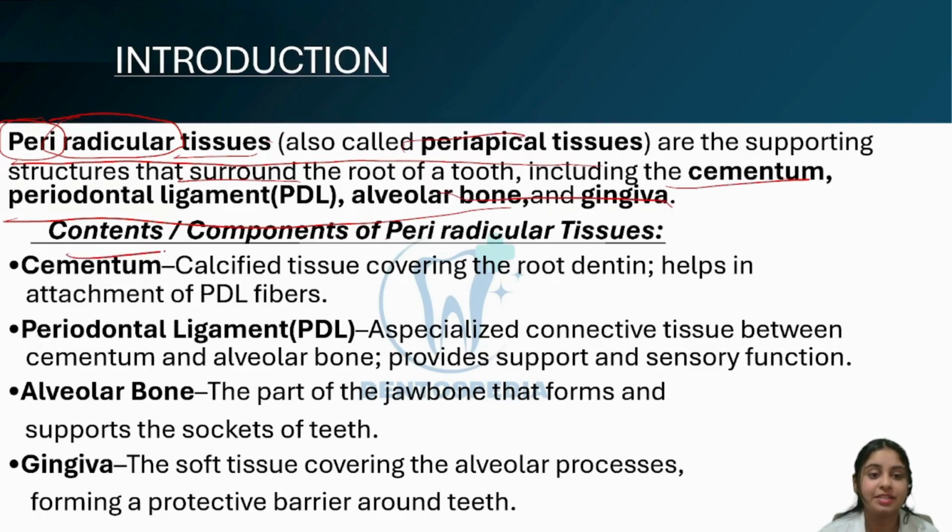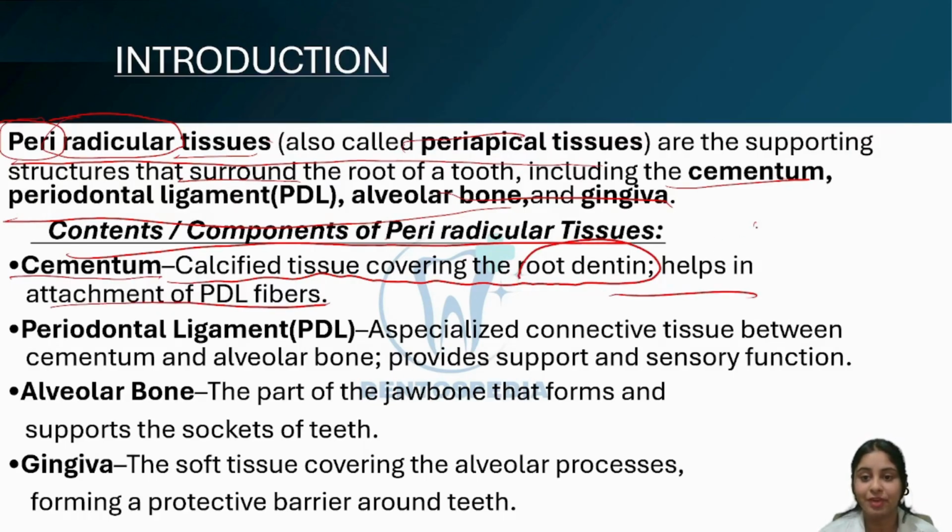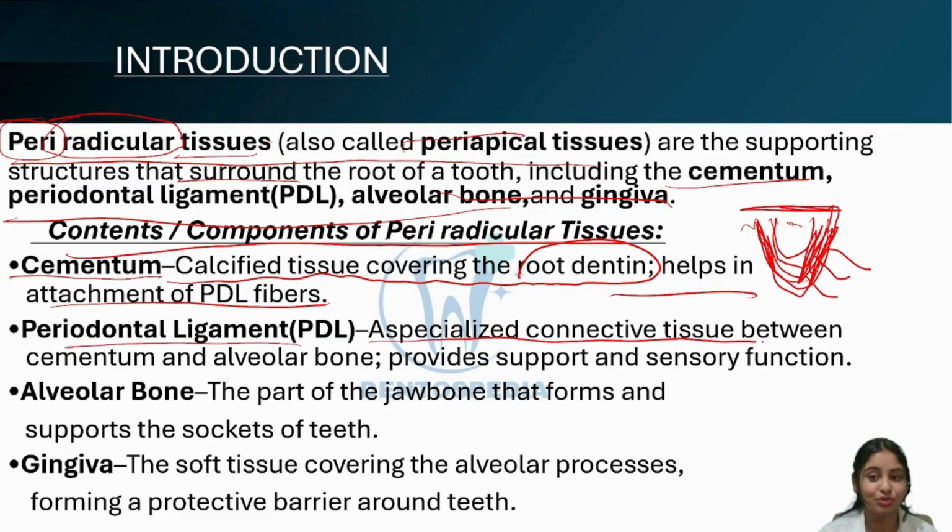The components of these periradicular tissues are, firstly, cementum. Cementum is a calcified tissue. It covers the root dentine and helps in the attachment of periodontal ligament fibers. The periodontal ligament is the specialized connective tissue between the cementum and alveolar bone, and it provides support and sensory function.